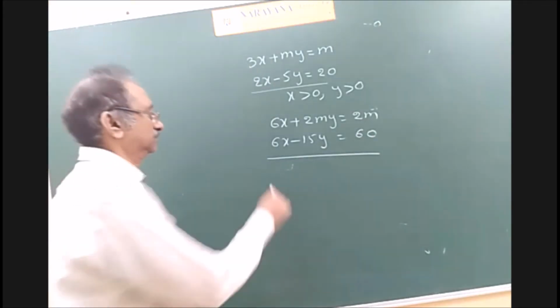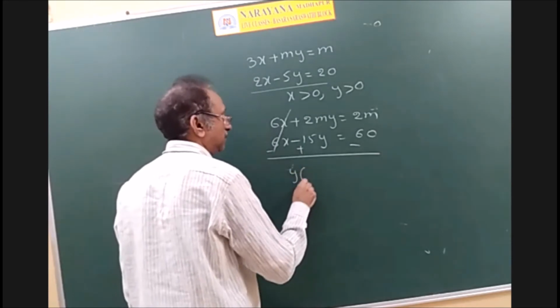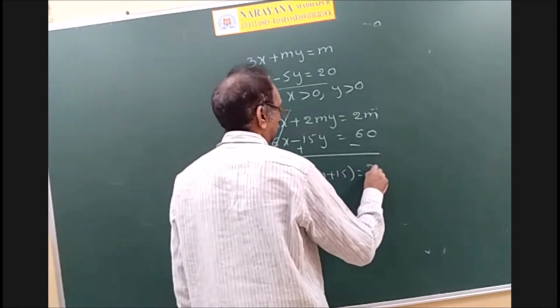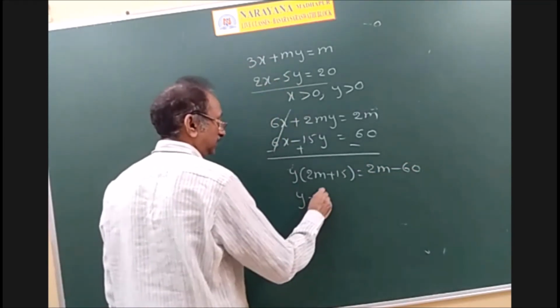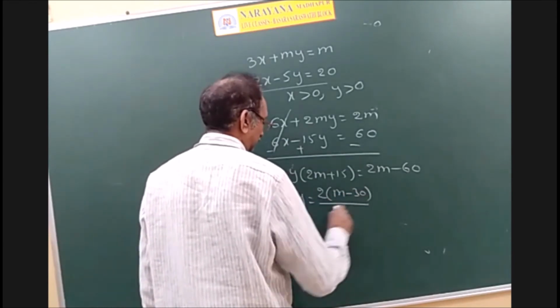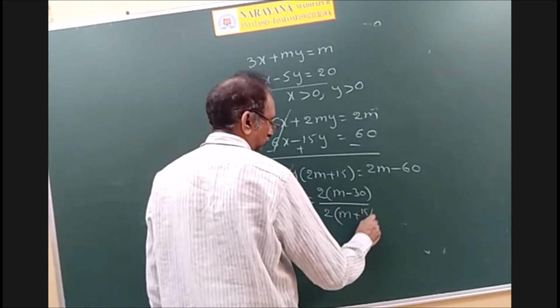And subtract. So if you take y common, this is 2m plus 15 and this is 2m minus 60.